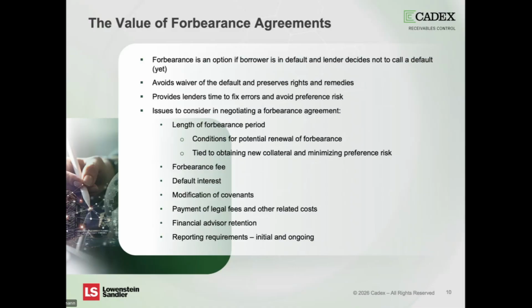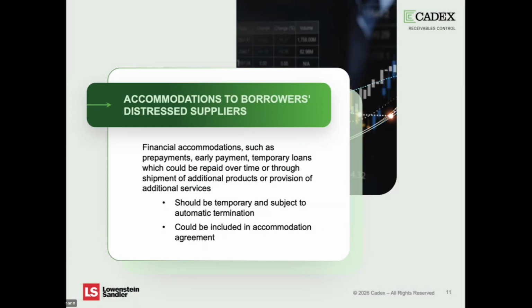Finally, one last point. We've been talking about distressed borrowers. And now, especially in the supply chain, with all the issues that we have with tariffs, with the war in Iran, and other hotspots around the world, you may have a customer that is in okay financial condition, but they may have suppliers that are distressed for any number of different reasons.